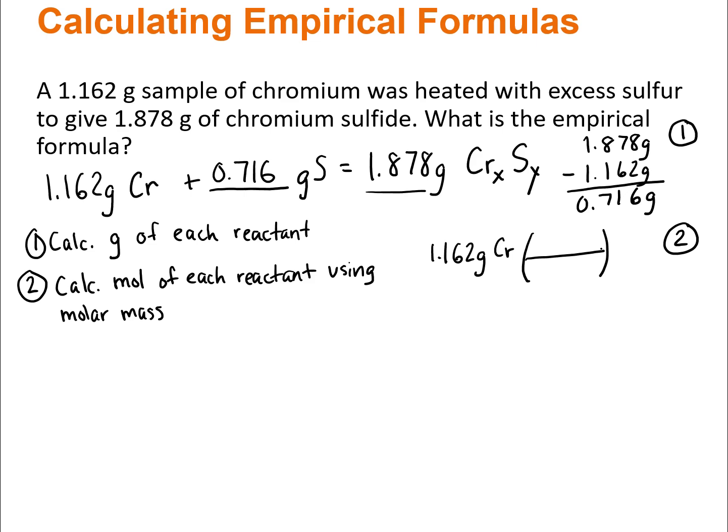Remember that when you just have an element like chromium, you're just going to look at the periodic table, see what it says, and write that number in grams. We'll do the same thing for the sulfur.